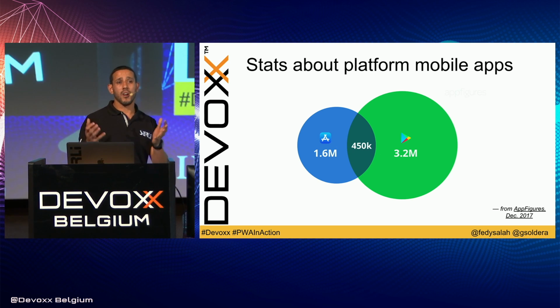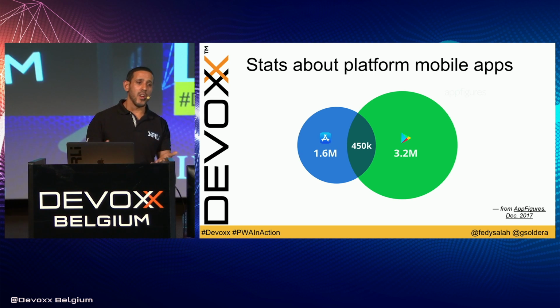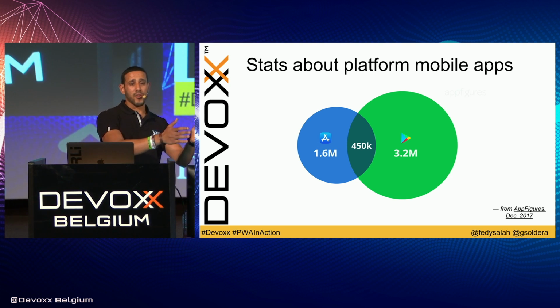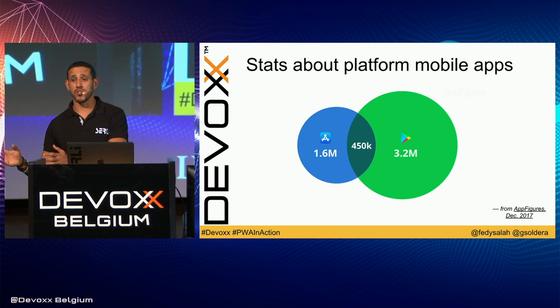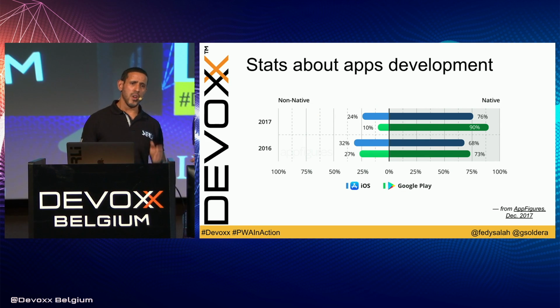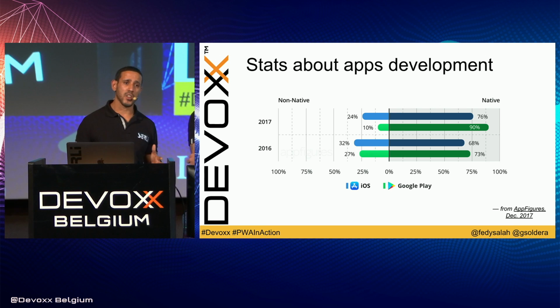It's not common for all applications to have both versions. So when you build an application, you will maybe target users on one platform, but not users on the other platform. Other than that, we did hear about hybrid technology.